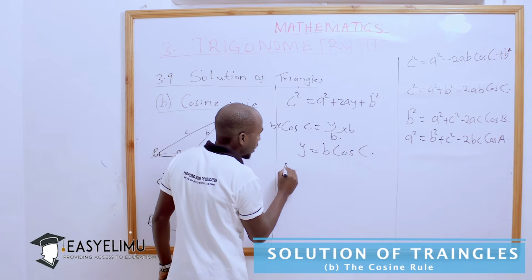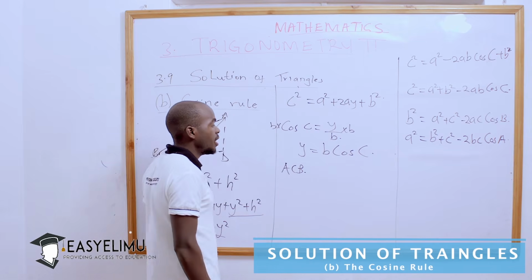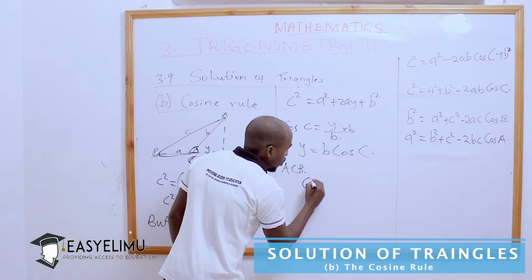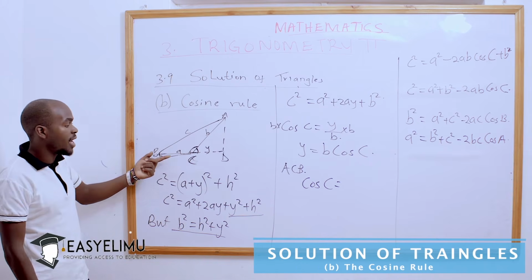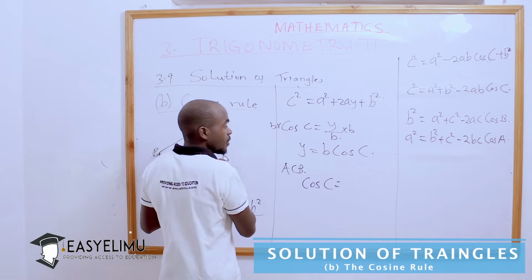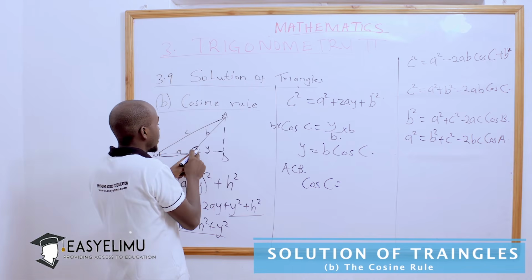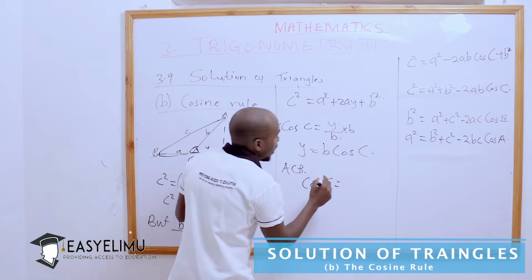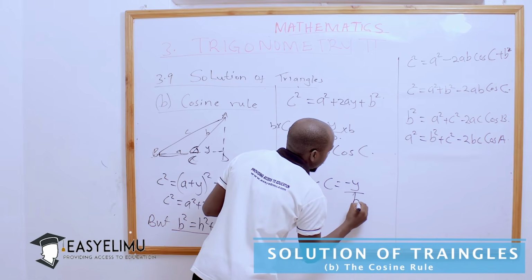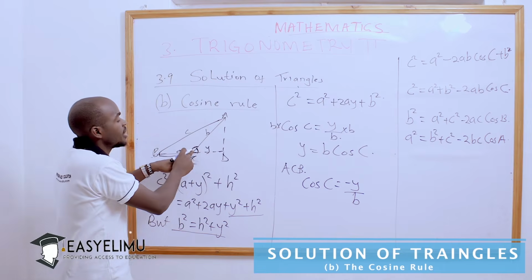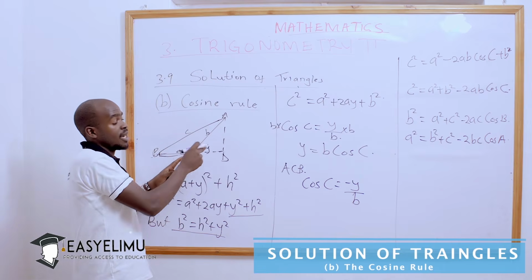Now to find that angle ACB, which we need, we may say the cos of C in this triangle ACB, because this one is supplementary with the other, will be negative Y over B. We shall have negative Y because it's a supplementary angle of that one.